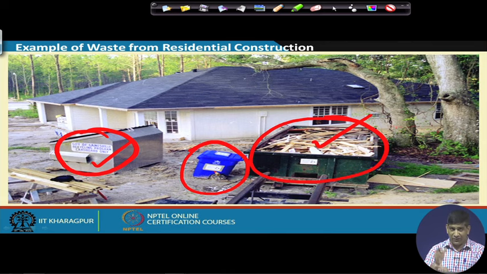So if you keep the things separate, whether we are talking about the Indian context or the global context, separation is the key. If we can keep the different components of the waste stream nice and clean, it sometimes seems strange to talk about waste and say nice and clean together. But waste is also a material.